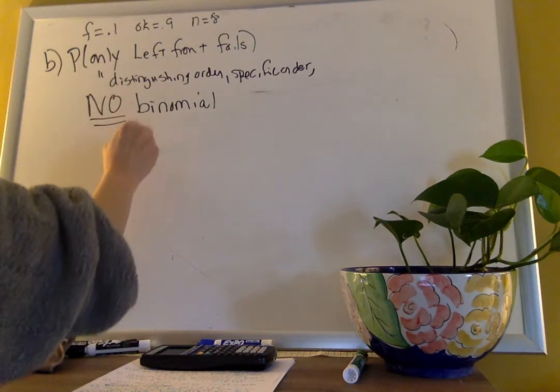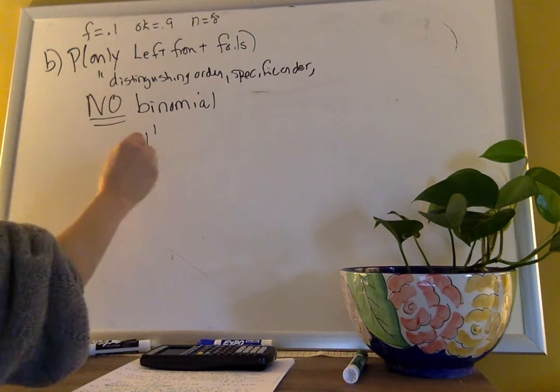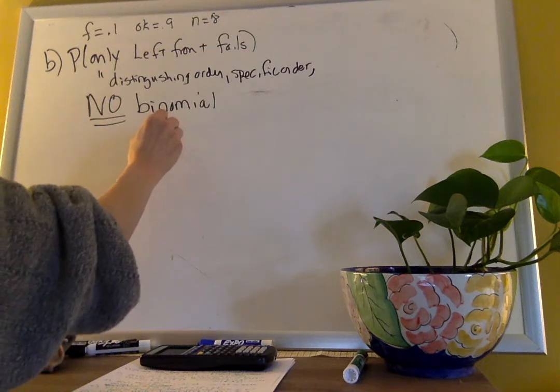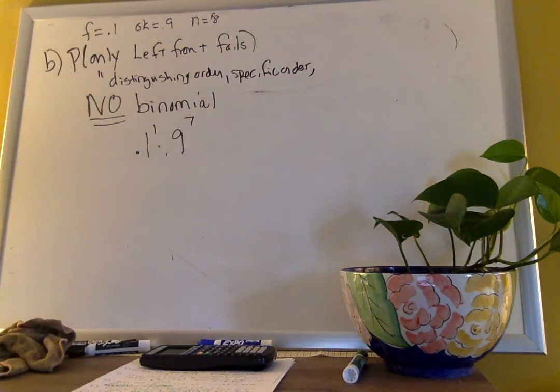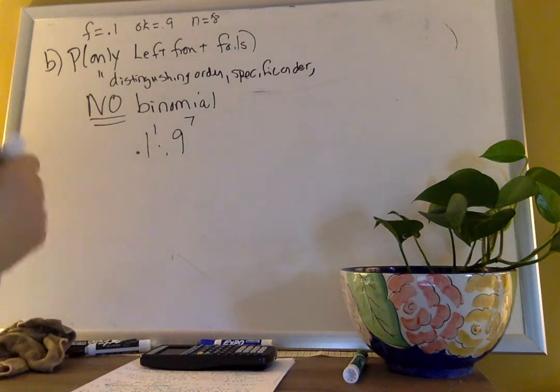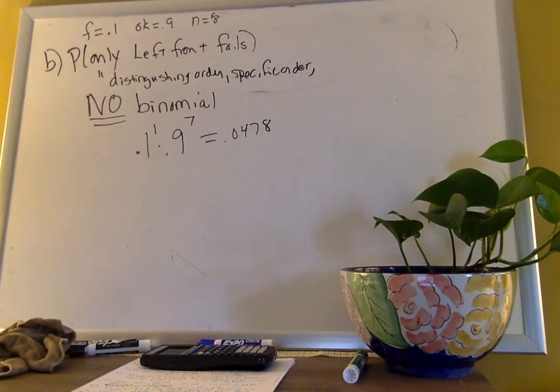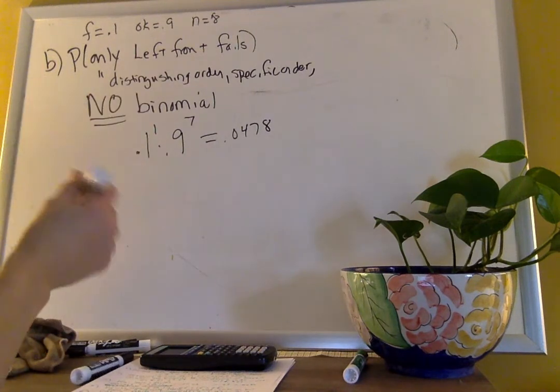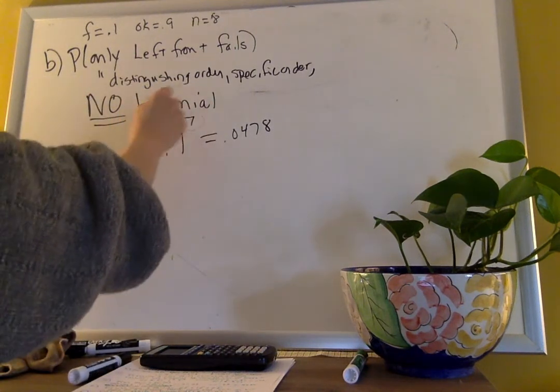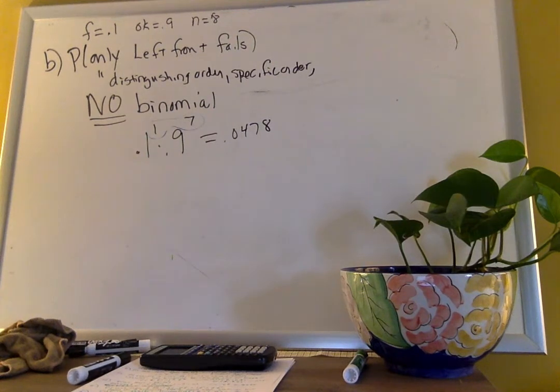So that left front, that 1 tire, he failed, which means the other 7 were okay. So this you've already done before you started watching today's video, right? We had a couple of those on handout 19 already. And if you hadn't picked up when you've been doing handout 19, your exponents always have to add to the total 8. So I just wanted to review this because this is a case where you don't have a choice. You cannot use a binomial.